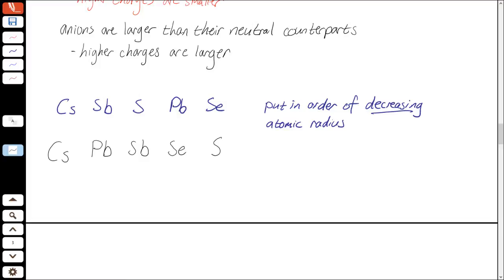But if you're comparing things in this direction, it's fairly straightforward, like what we just did. But if you're comparing things in this direction, it's not, because the forces are competing.